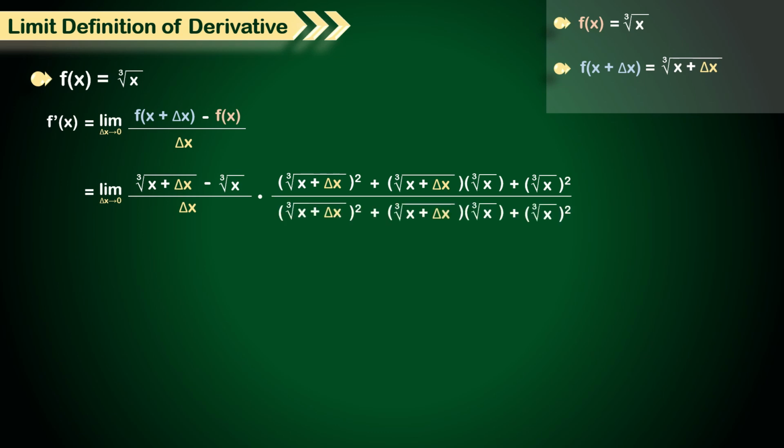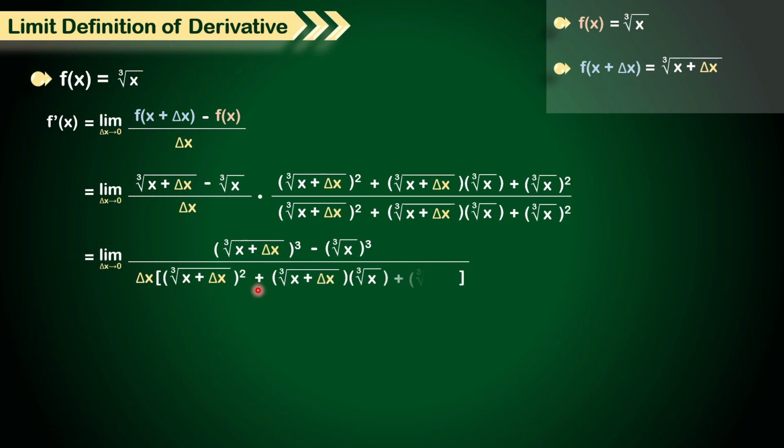Get the product of the numerator and the conjugate. The numerator and the conjugate form a special product so the product can be found easily. The product is simply the cube of the first term minus the cube of the second term, over the product of delta x and the conjugate.